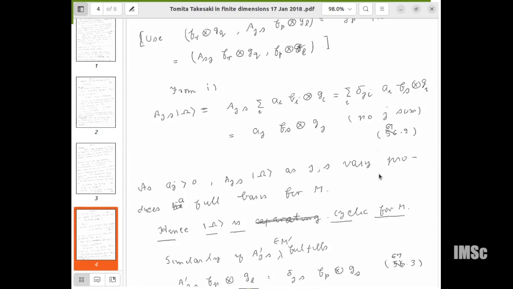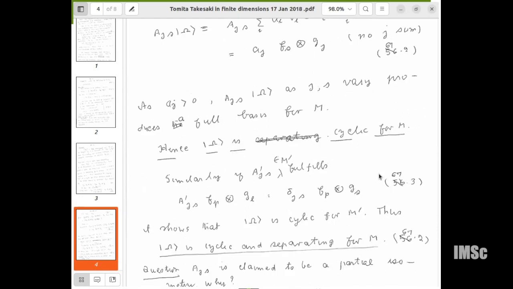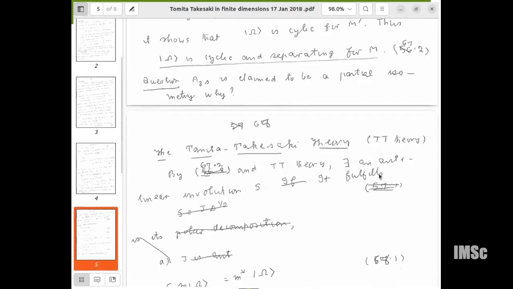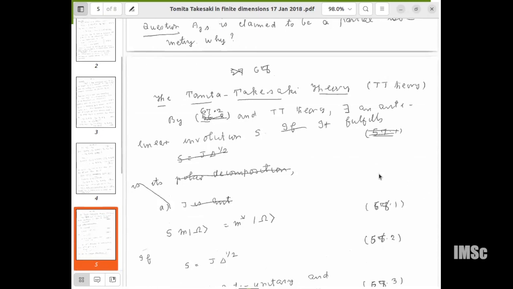Okay. So here I have got the equations. Now, given these circumstances, what is the circumstance I am dealing with? What I have shown here is that the vector I have chosen is cyclic for the algebra of matrices M and the algebra M prime.